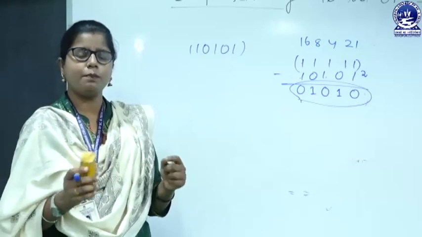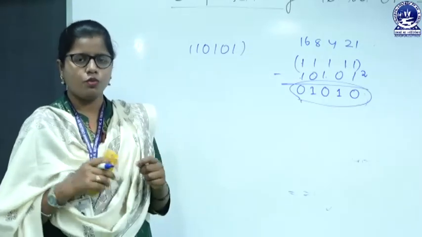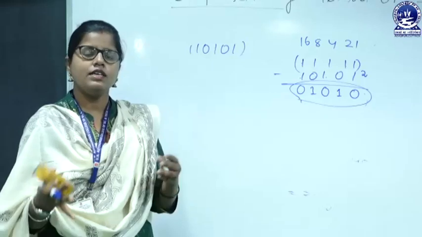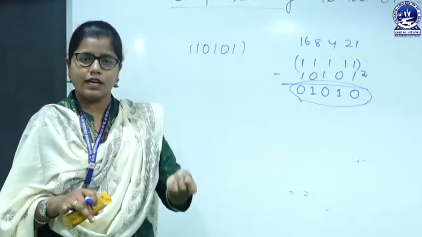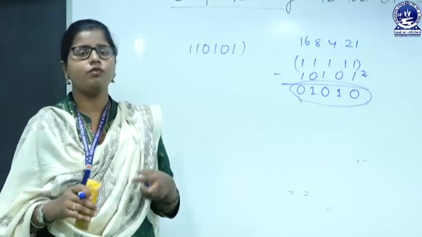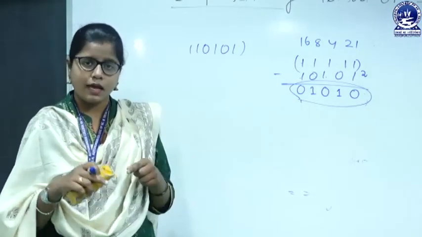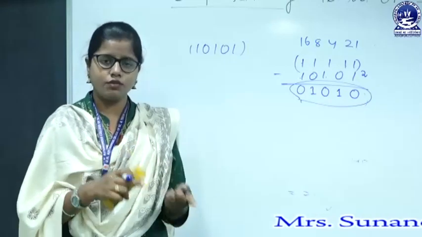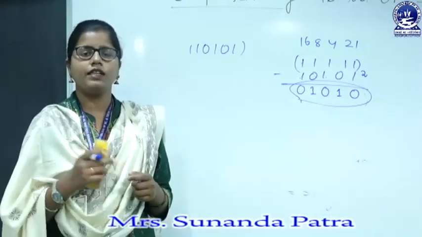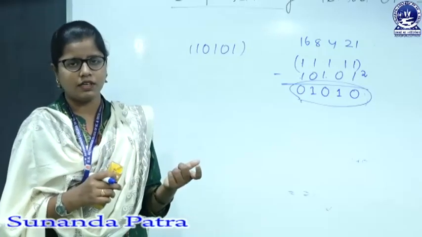That means we are complementing each digit. In the place of 1 we have to write the 0, in the place of 0 we have to write the 1. And after replacing 1 with 0 and 0 with 1, what we get is the complement of that given number.